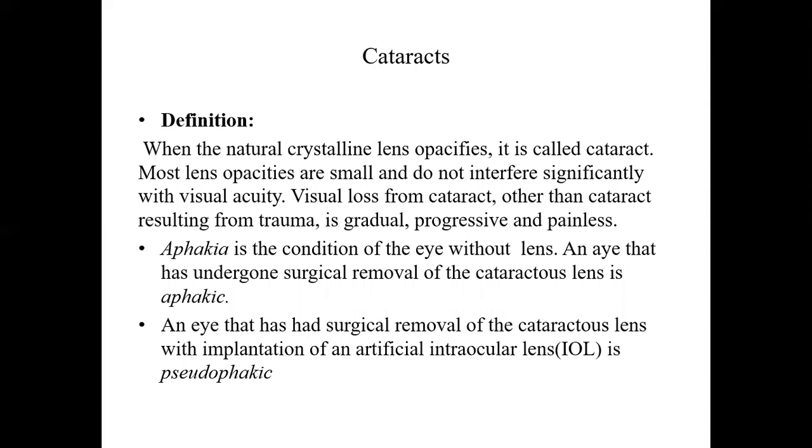Most lens opacities are small and do not interfere significantly. At that time, when the patient is maybe 6/18, 6/12, or 6/9, it's very possible, and you see some cataracts, probably posterior subcapsular cataract, or early cortical cataracts, or early nuclear opacification, and the patient is still having that vision, unless he's very active, maybe he's a driver, maybe he reads books, and he finds it is interfering.